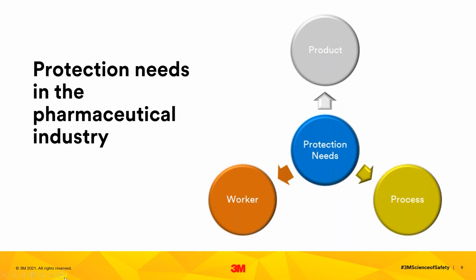You've probably heard some of the stories in the media about product contamination concerns in pharma. So keep in mind that the people buying PPE in pharma are using that PPE not just to protect the worker, but need to make sure that that PPE helps with any protection needs for product and process as well.